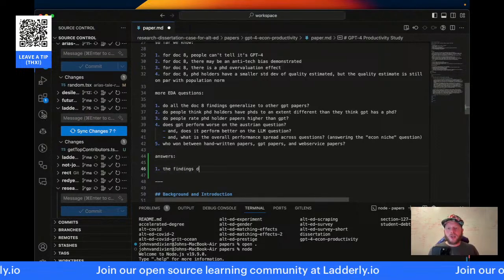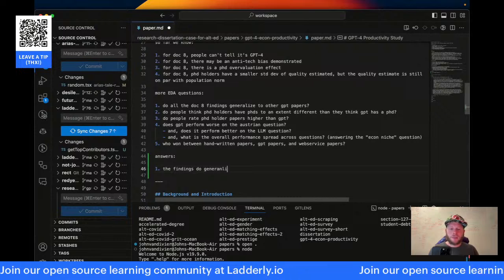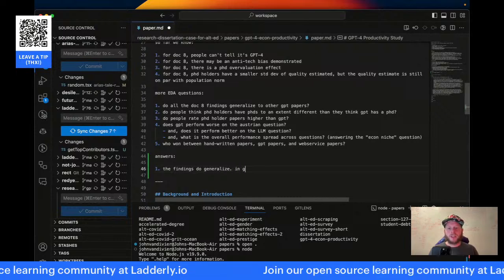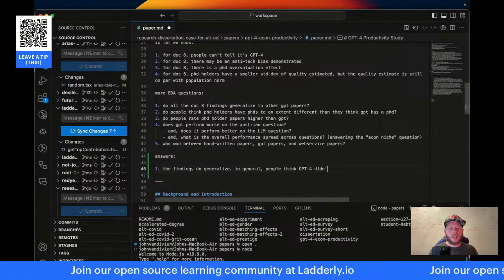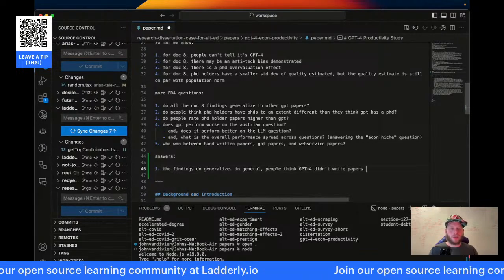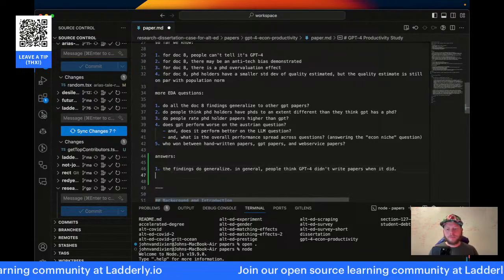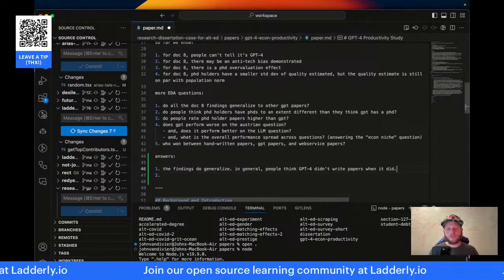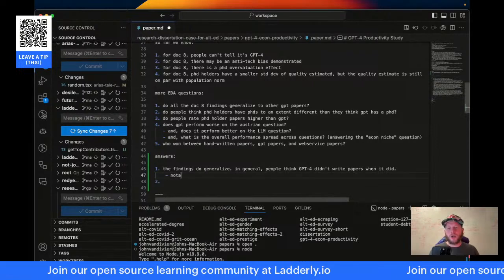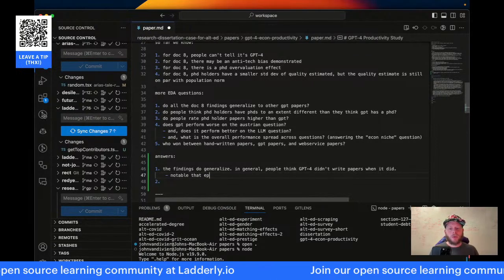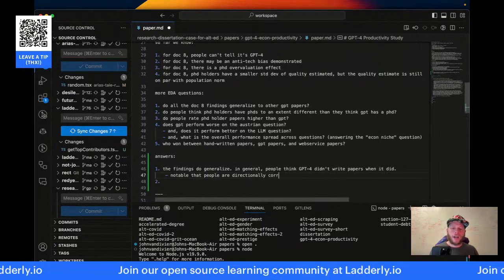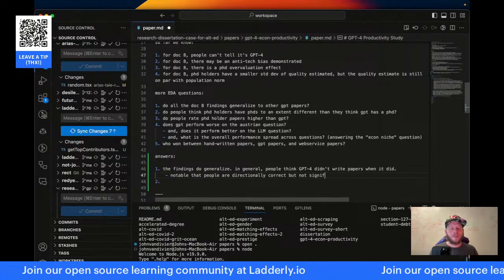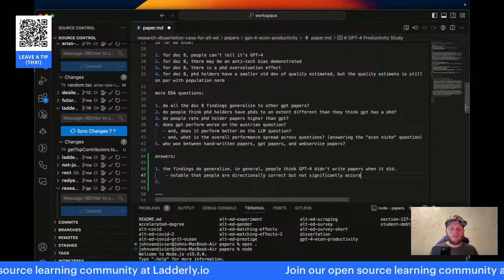The findings do generalize. In general, people think GPT-4 didn't write papers when it did. Notable that people are directionally correct, but not significantly accurate.